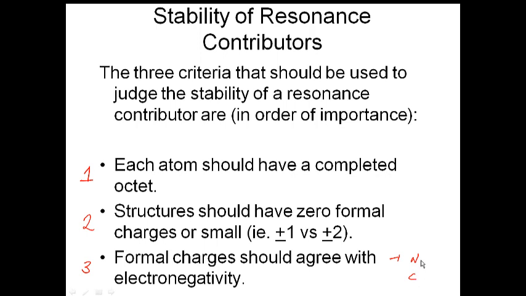Now, carbon and nitrogen are in the same row. Nitrogen's closer to fluorine. Therefore, nitrogen's more electronegative than carbon. Problem solved. The -1 charge should go with the nitrogen and not with the carbon. So that's the third and final tiebreaker. After that, for all intents and purposes, we consider the structures to be identical in energy. Okay, so those are the 3 rules we use. Completed octet, small charges, and then put the formal charges with the electronegativity.